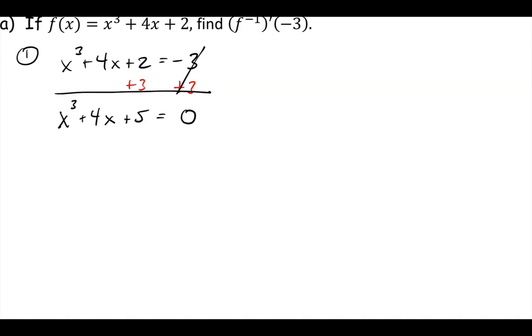So if I plug in -1, -1 cubed, let's see, -1 cubed plus 4 times -1 plus 5. So I get -1 here, minus 4 plus 5. That works. Yeah, -1. The answer is -1. X equals -1. That works.